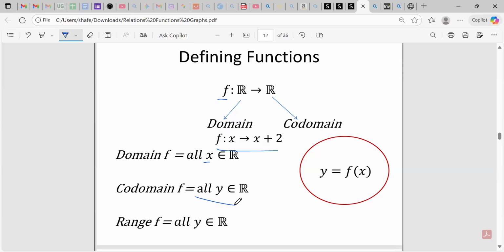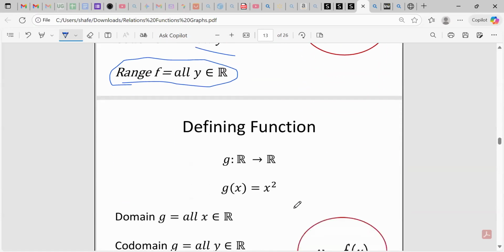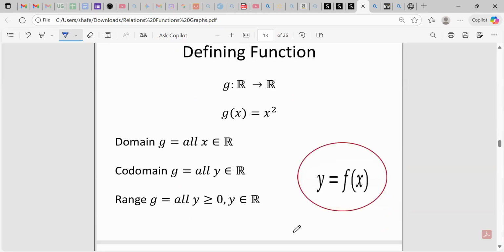The codomain also, all the real numbers, all y an element of R. And the range happens to be all the real numbers as well. So in this case, the codomain and the range are the same thing. These are very basic ideas in function. Unless you study functions to a higher level, you wouldn't have to worry too much about these deeper things.